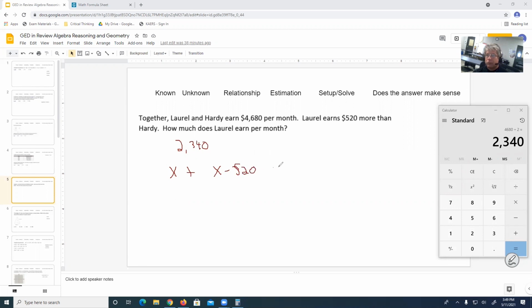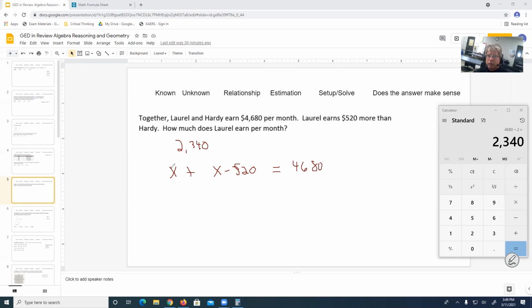It looks like we have to do some algebra on this, since I didn't have multiple choice. Together they earned 4,680. So if X represents Laurel, Hardy would earn $520 less, so I have to subtract 520 from Laurel.